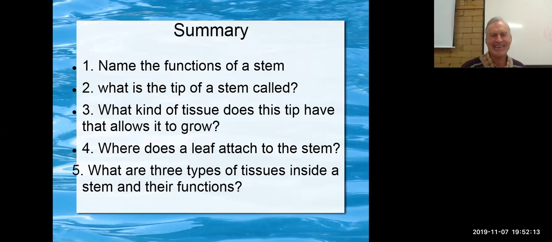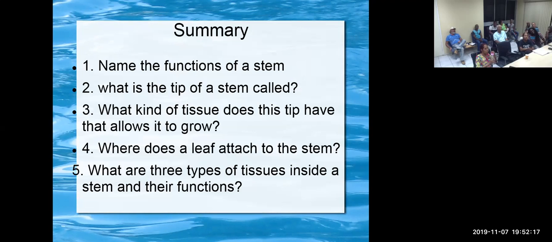Okay. So, some questions. What does the stem do? It transports water and nutrients. It grows leaves. It grows the plant. Where does it grow from? What's the name of that?